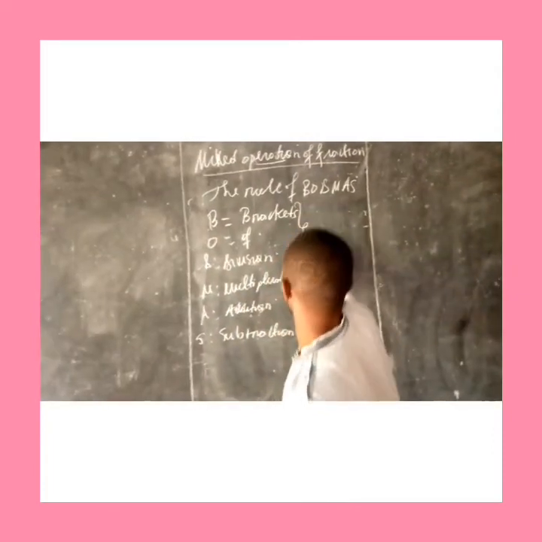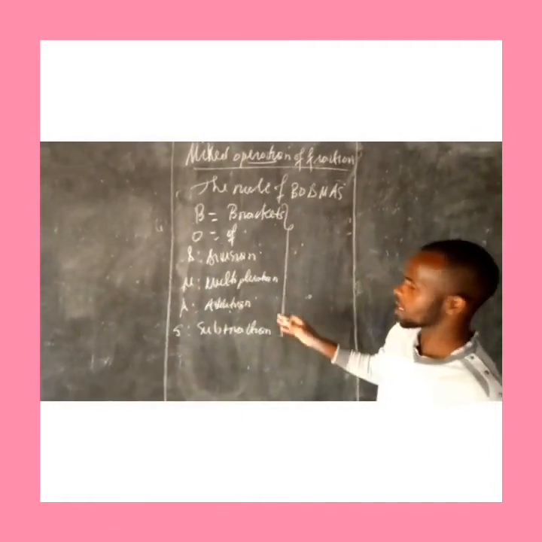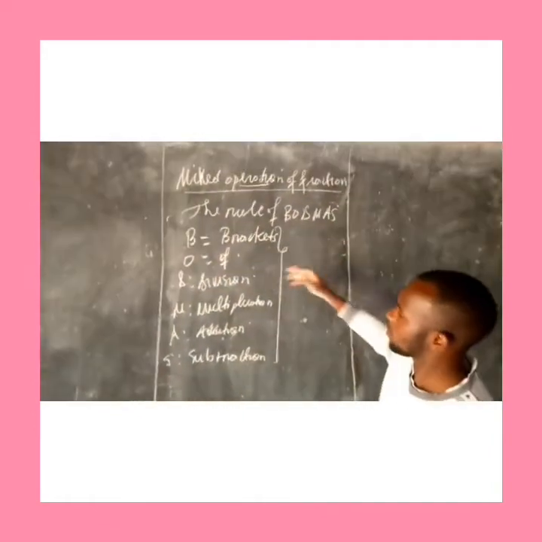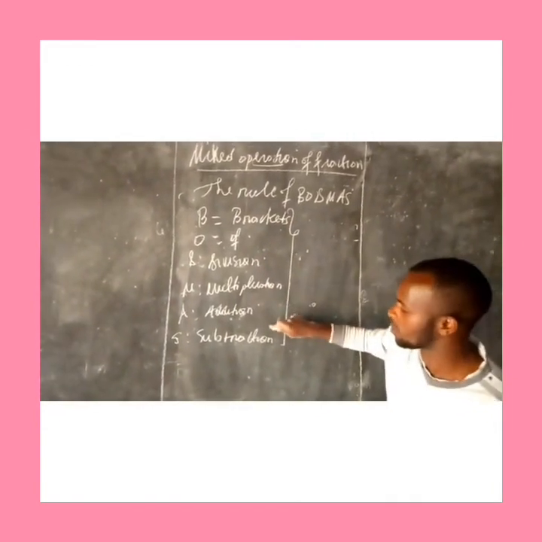This is what you call a mixed operation of fractions. Here we have an example: we have brackets, we have a division, we have a multiplication, we have addition and subtraction.